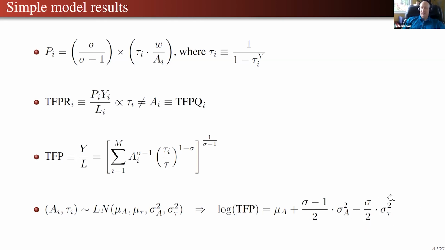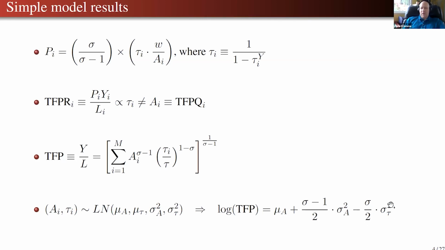But here's the misallocation term over here. This is this sand in the gears, this variation in these taus, like variation in markups or taxes, is misallocating resources. And you can see it's doing that, it's subtracting from aggregate TFP, the more this variance and the higher sigma. Because when sigma is high, labor is responding more elastically to these tax rate wedges or markup wedges and misallocating labor more.